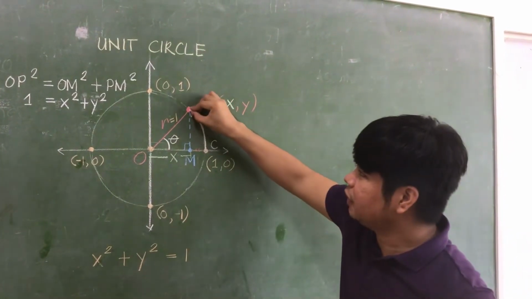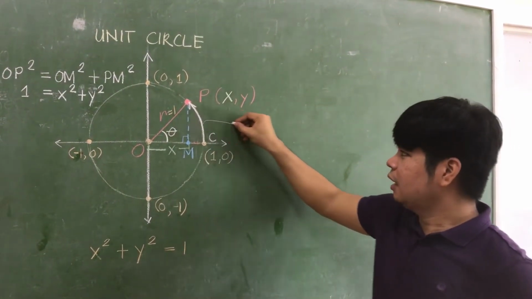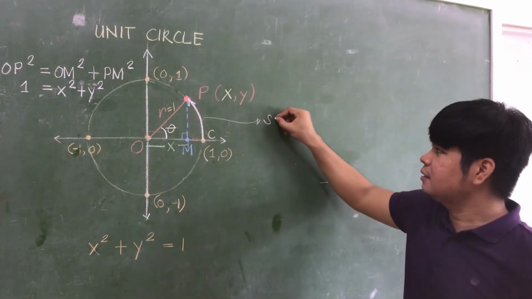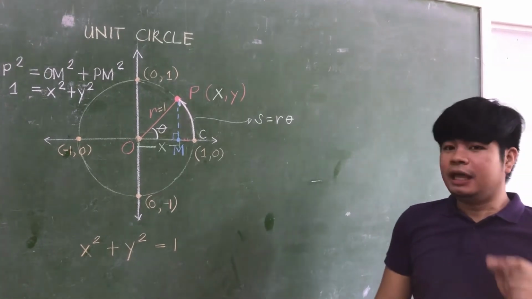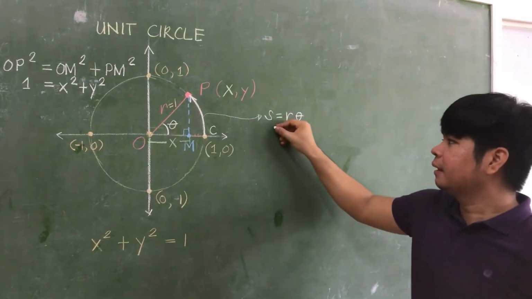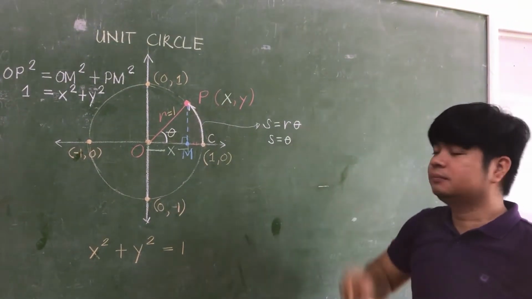Take note that the formula for the arc length S is equal to radius times theta. And because the radius is just 1, the arc length is equal to theta.